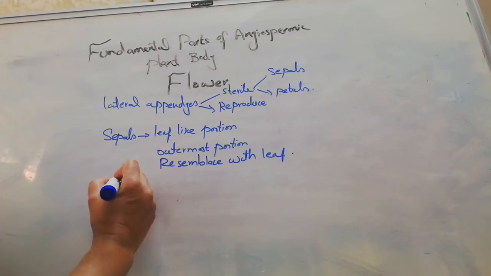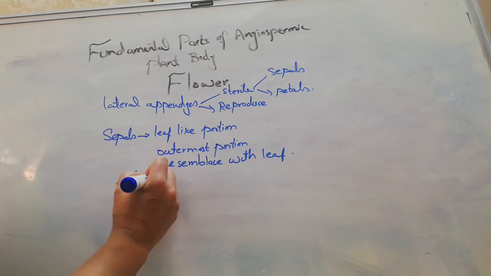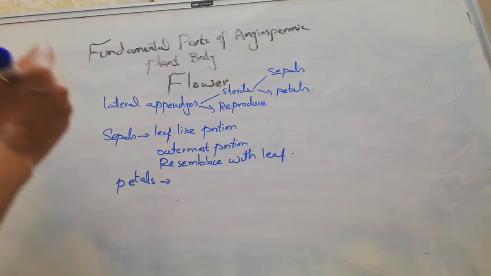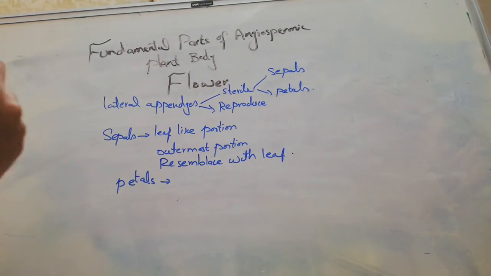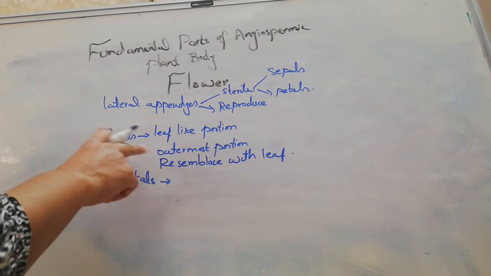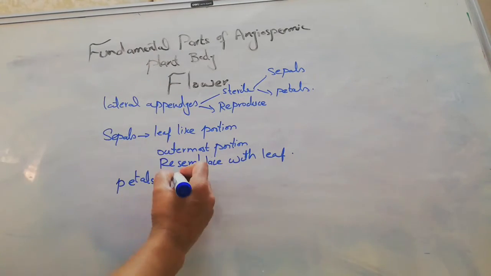Next is the petal. The next sterile portion is the petals. Petals are the portion which lies just above the sepals.